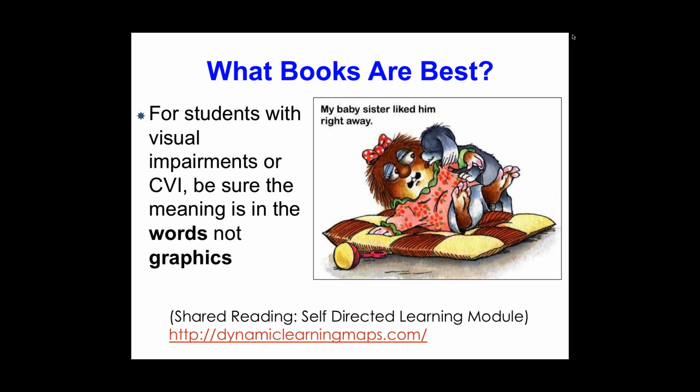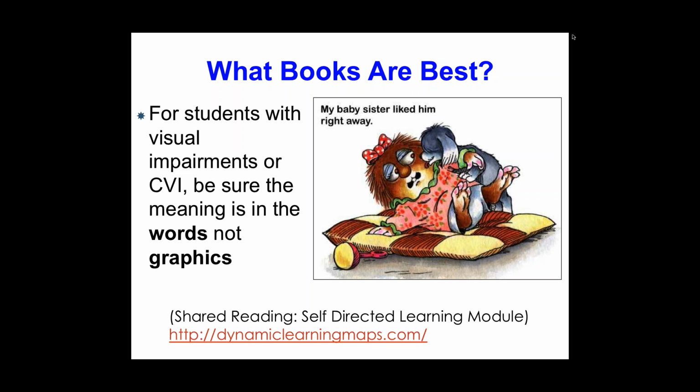And this is something they pointed out that I think we should really think about. For students who have visual impairments or cortical visual impairment, make sure the meaning is in the words and not in the graphics, because look at the picture here. It says, my baby sister liked him right away when he gets the new puppy. This is really cute, and this is one of the Little Critter books, and I'm sure lots of your students love these books.